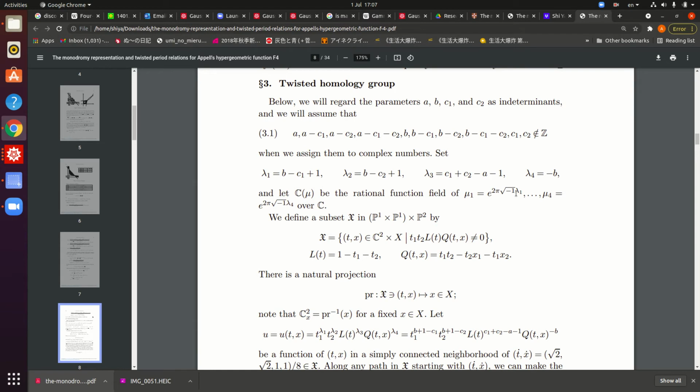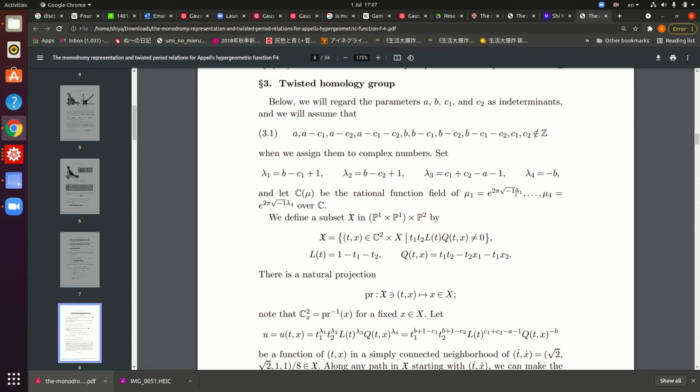Let's just memorize them. What you see is that L is 1 minus T1 minus T2. So that's a diagonal in the T1, T2 plane. And Q is T1 times T2 minus T1 x2 minus T2 x1.